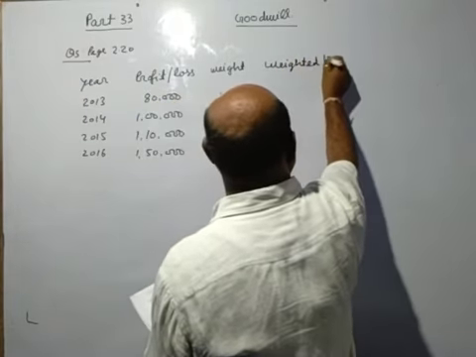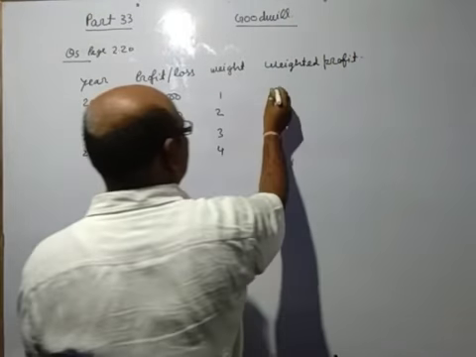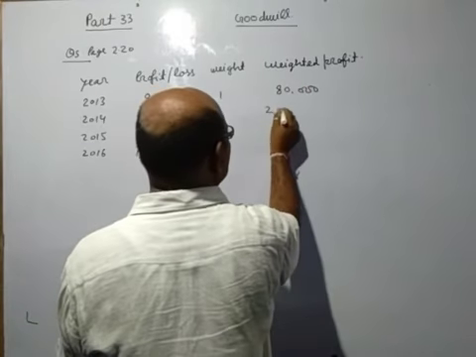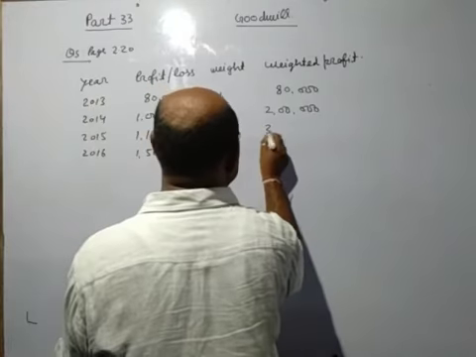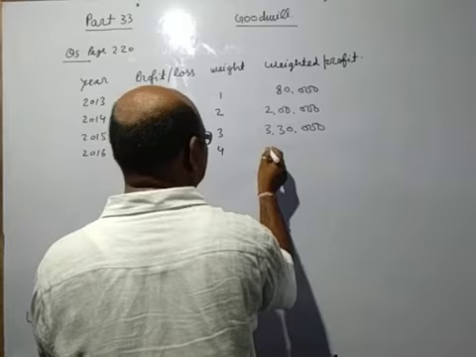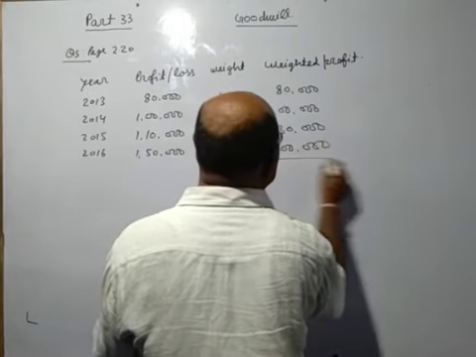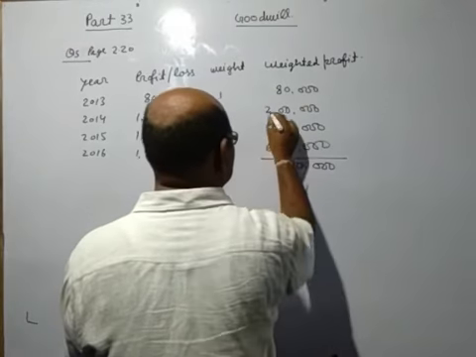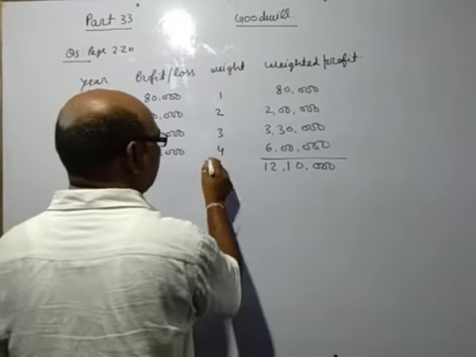So the weighted profit will be 80,000 into 1, 80,000; 1 lakh into 2, 2 lakhs; 1,10,000 into 3, 3,30,000; and 1,50,000 into 4, 6 lakhs. So the total will come 12 lakhs 10,000.